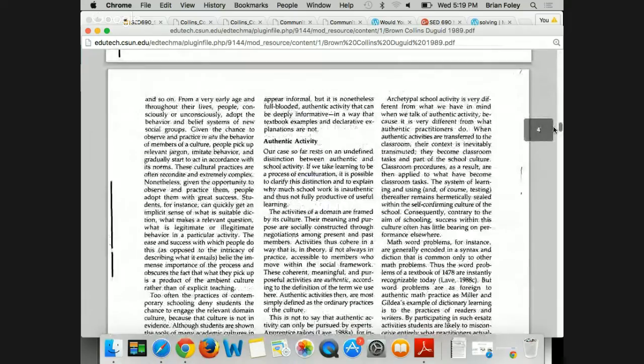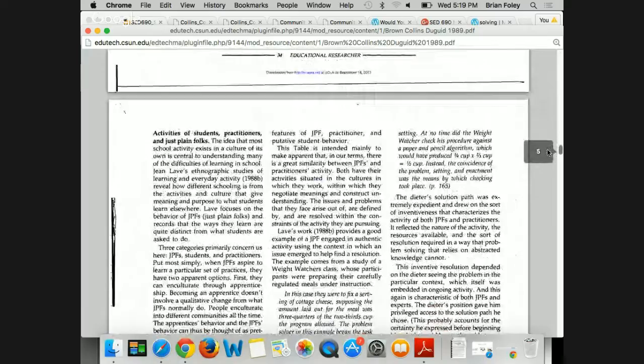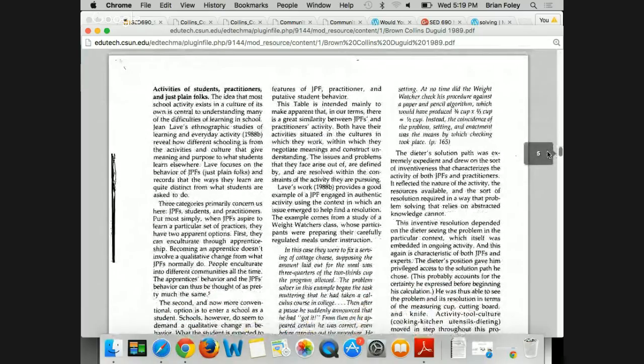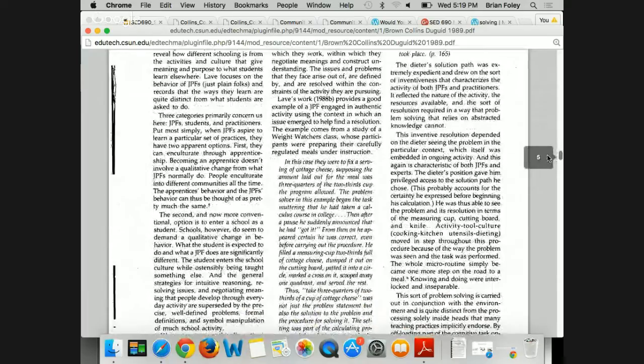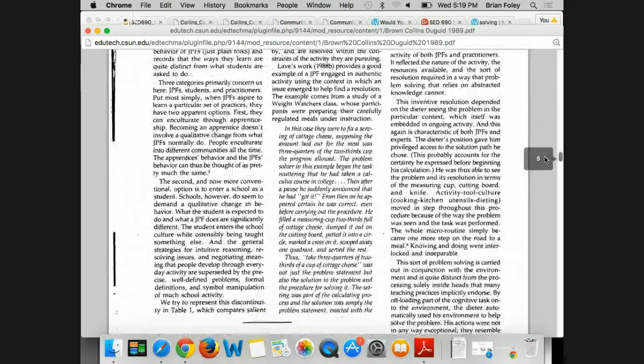Cool. And they use the same examples. They talk about Schoenfeld, and they talk about reciprocal teaching. They also talk about some of Lave's stuff. This is where they have the example about the cottage cheese. Did anybody read that?